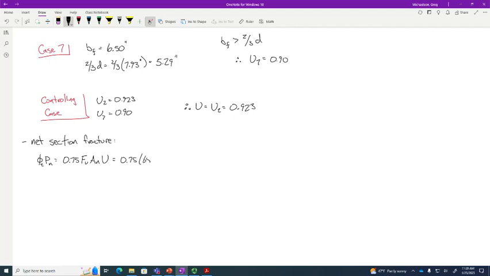Yeah, we're on A992. Net area, what was the net area? 5.68. And we're using 0.923. So what do we get for the design capacity? Let's do that to one decimal place, because at this point it doesn't really matter. 255.6 kips. So now we have another limit state value, or capacity.